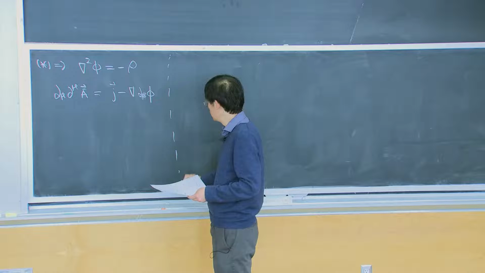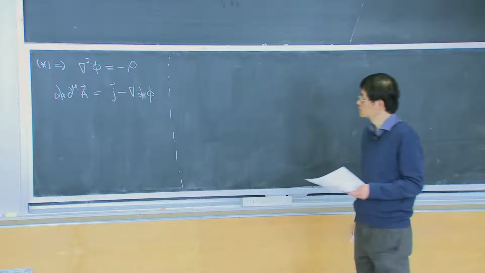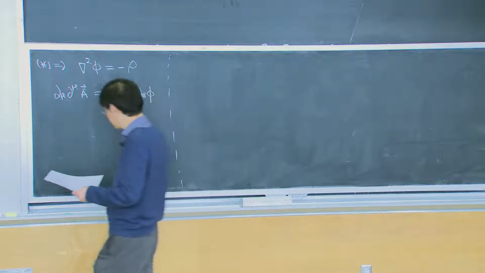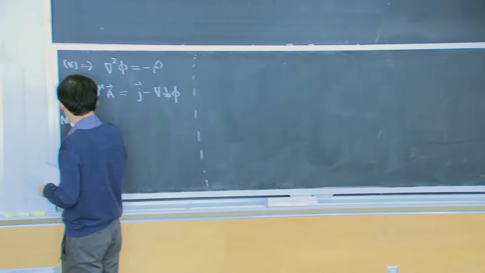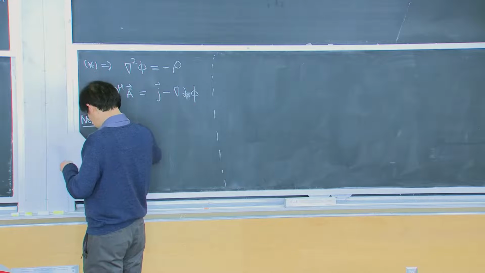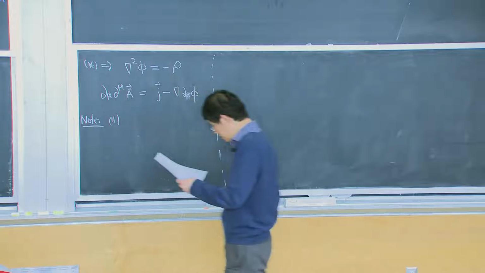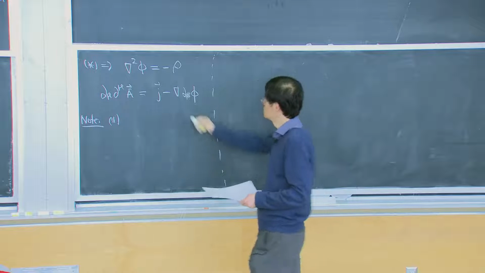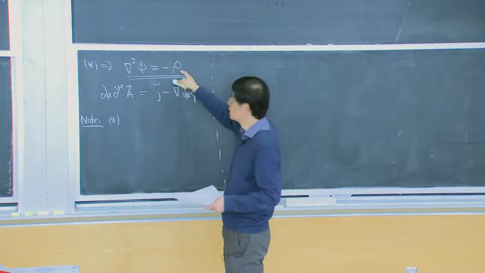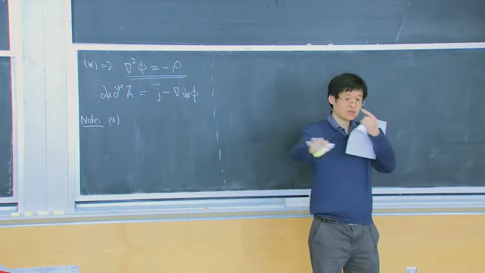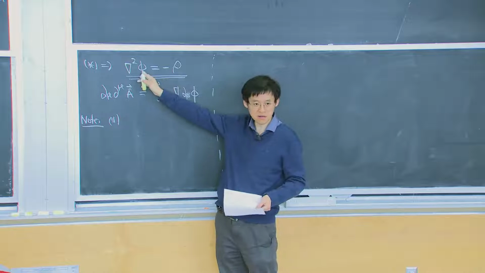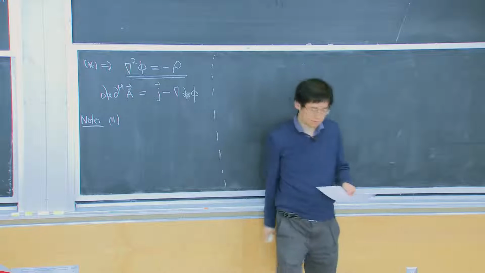Let me remind you a little bit of the physics encoded in these two equations. This is the equation which we can use with rho, the charge density distribution, to solve for the electric potential, the scalar potential.